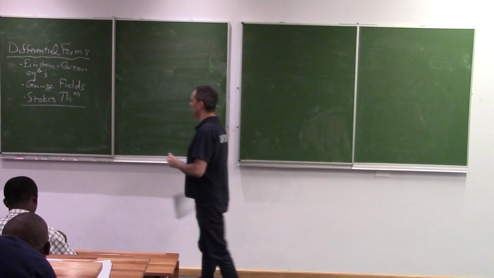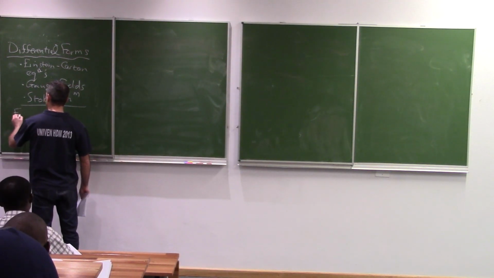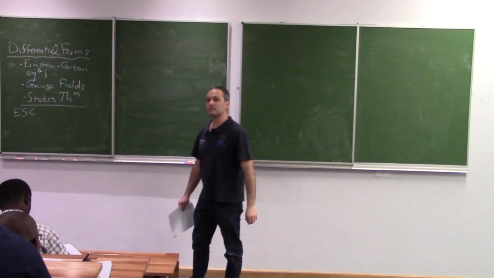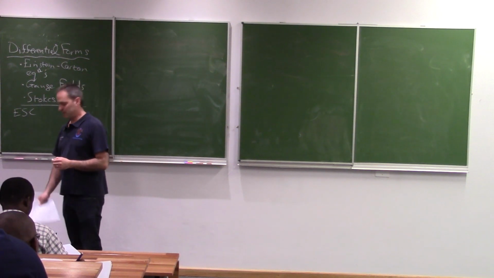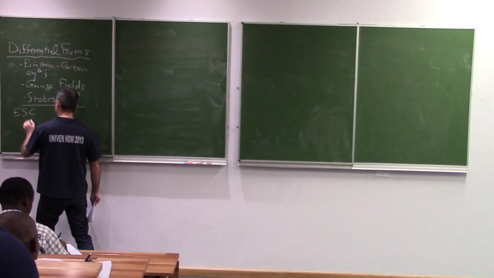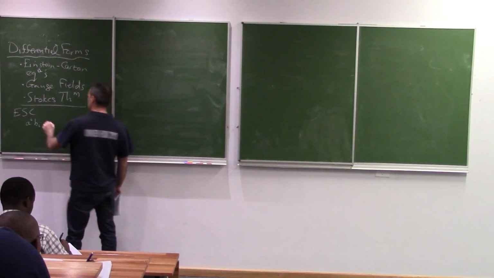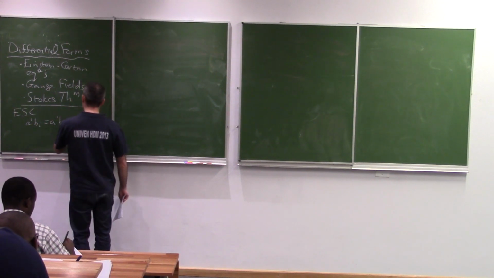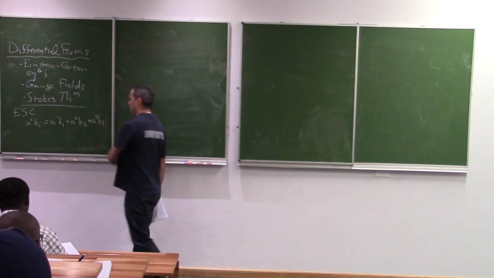Good. So just some conventions. We're going to be using the Einstein summation convention. The Einstein summation convention is that if I have repeated indices, I'm going to be implicitly summing over them. So I'll write something like A_i B_i, that is shorthand for A1 B1 plus A2 B2 plus A3 B3.